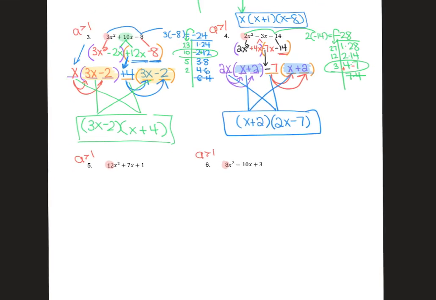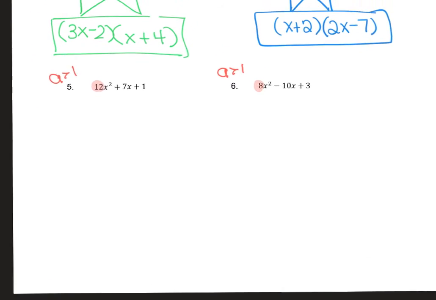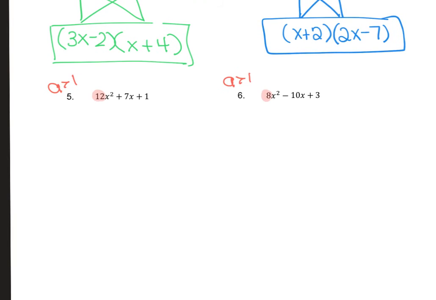Let's look at number 5. Twelve times 1 equals positive 12. So I get 1 times 12, 2 times 6, 3 times 4, and 4 times 3. But that's a repeat, and this is telling me I'm adding.